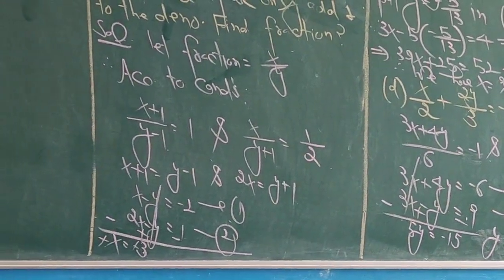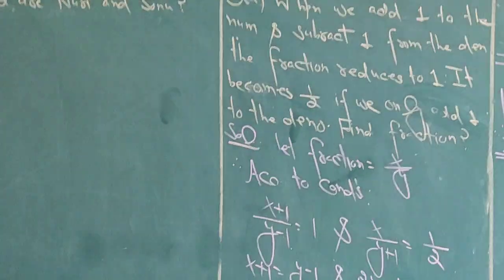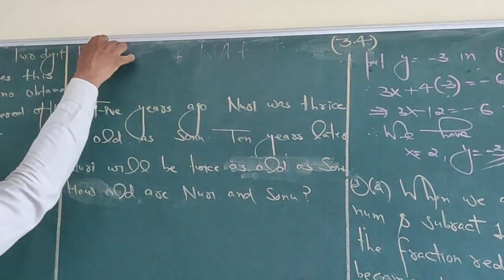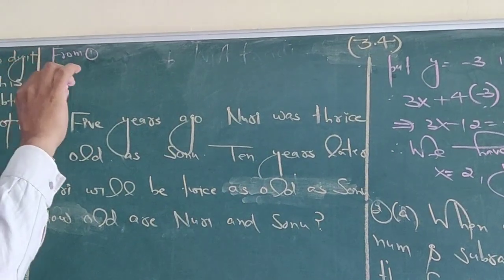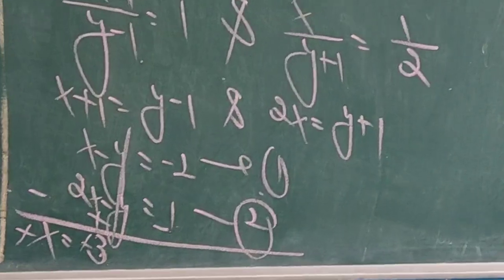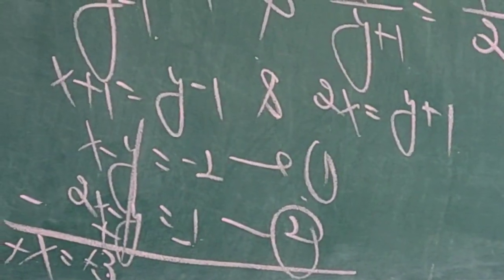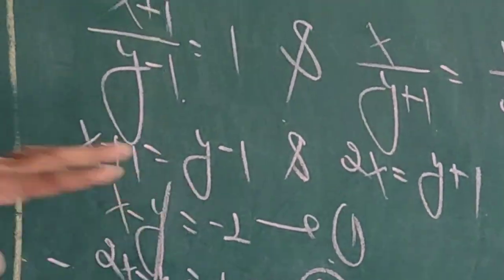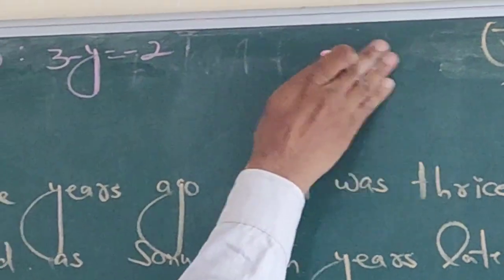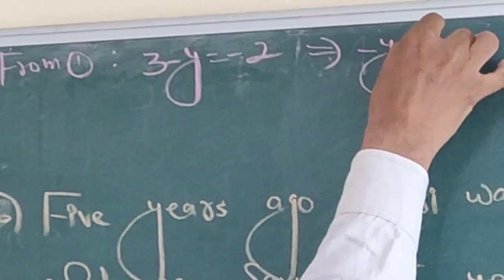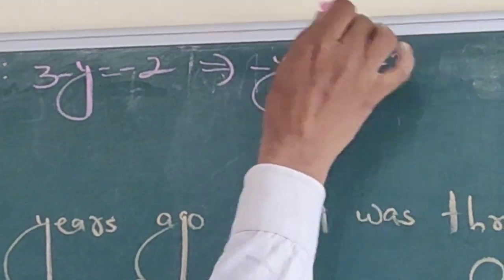Now we put x equal to 3 in any one of these two equations. From the first, putting the value 3 in equation number 1, we get 3 minus y is equal to minus 2. This implies minus y is equal to minus 2 minus 3.